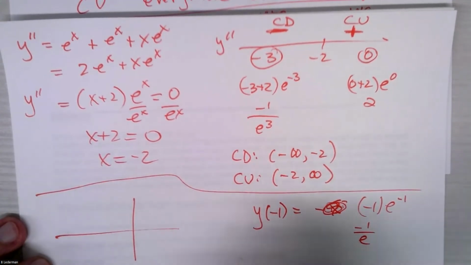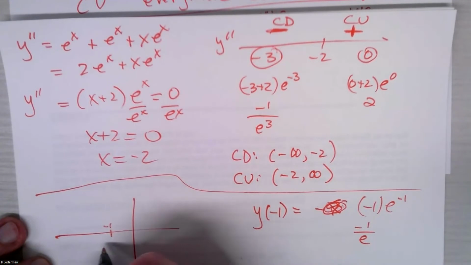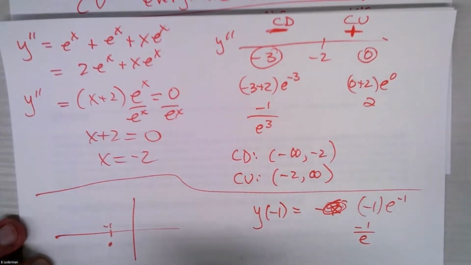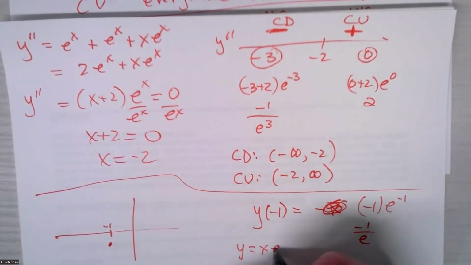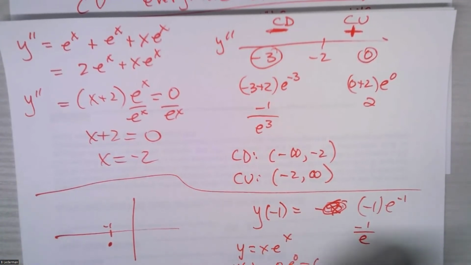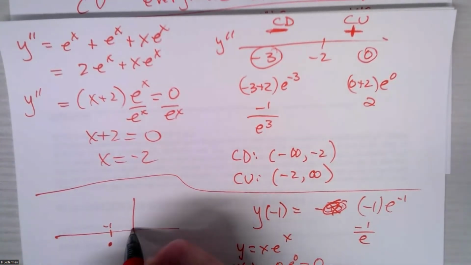So x is negative 1, and y is a little bit more than negative a third. That's a min. I know, of course, that when x equals 0, y equals 0, because y equals x e to the x. So if x equals 0, y of 0 is equal to 0 times e to the 0, which is just 0. So it goes through the origin.